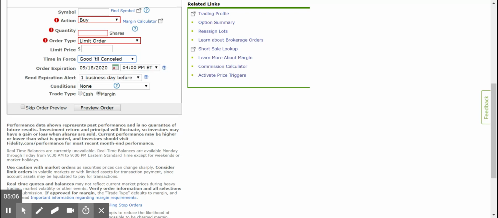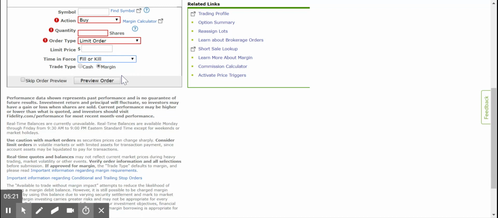Good till canceled means I can pick the exact date and time that order will stay on the books for. It could stay on for a year, 2 years, or 20 minutes, depending on what you want. Fill or kill means we get the whole order or we don't want it. Immediate or cancel means I want this within a very short amount of time, and if I don't get it, then I want to cancel the order.